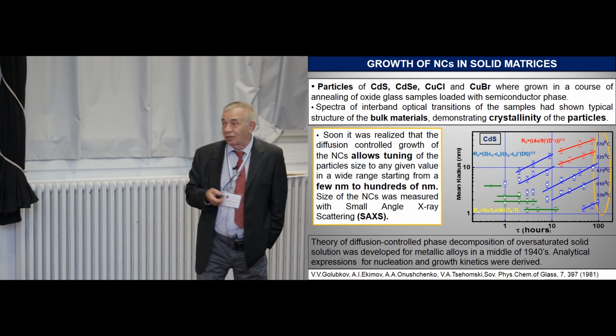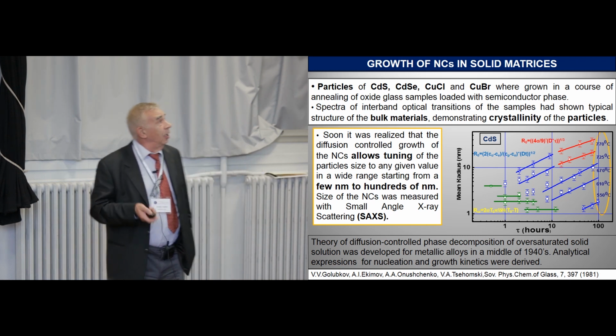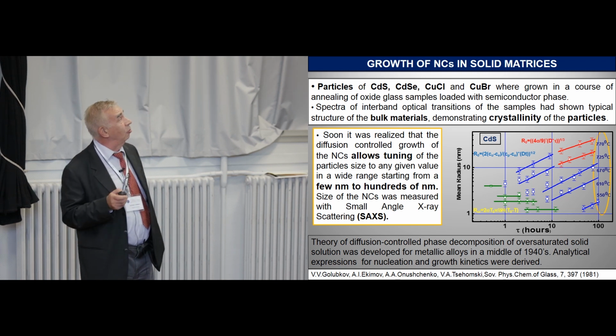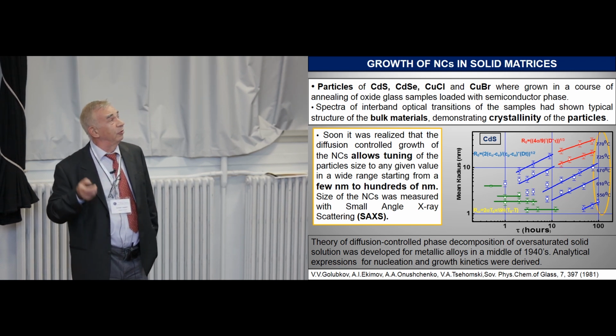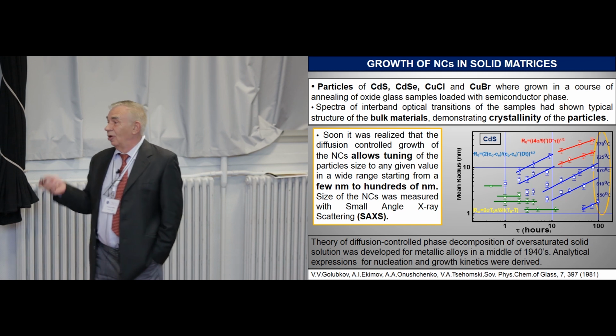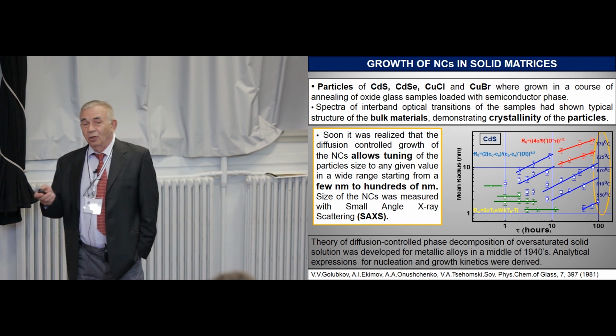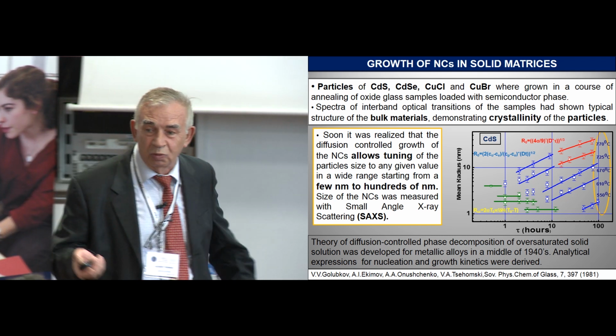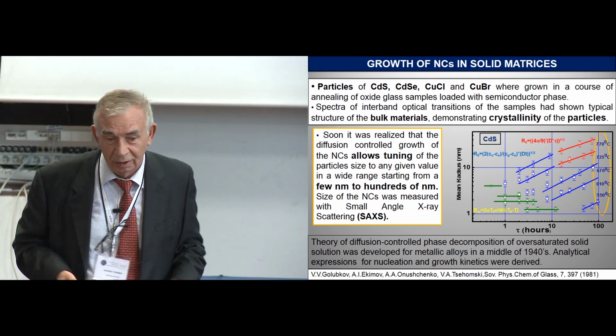So particles of CdS, CdSe, copper chloride and copper bromide were grown in the course of annealing of oxide glass samples loaded with the semiconductor phase. What does loaded mean? There are two ways. The first one, as in wet technology, is just to put in salts.